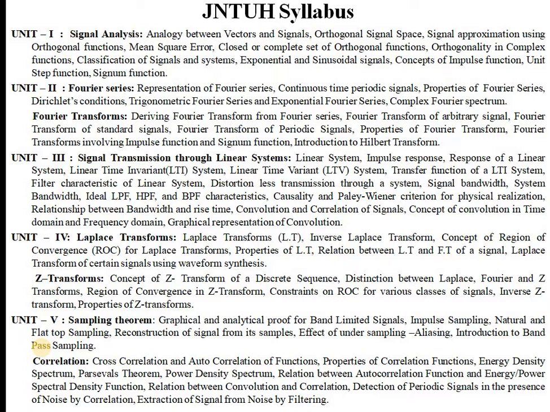And similarly, in unit 5 we generally study the process of sampling. Sampling is nothing but a process of converting any analog signal or continuous time signal into a discrete time signal. The sampling theorem speaks about the conversion from continuous time to discrete time, and whenever we would like to reconstruct the signal back from discrete time to a continuous time signal, what necessary requirements we need to take in order to satisfy those particular relationships.